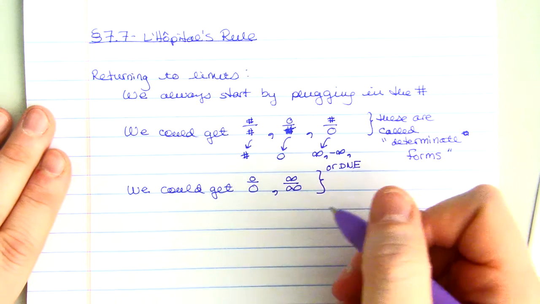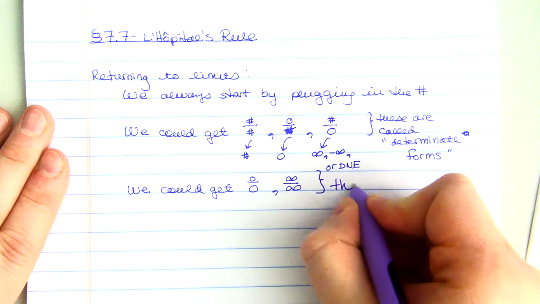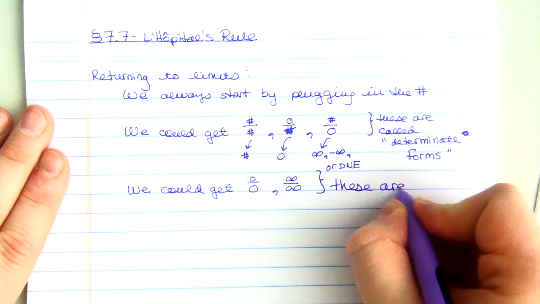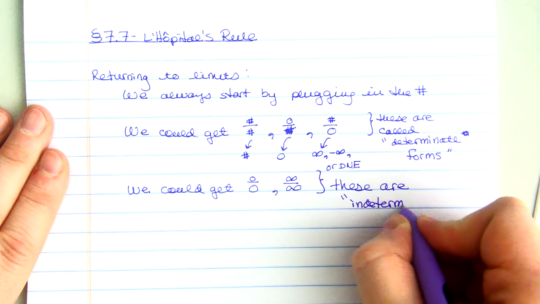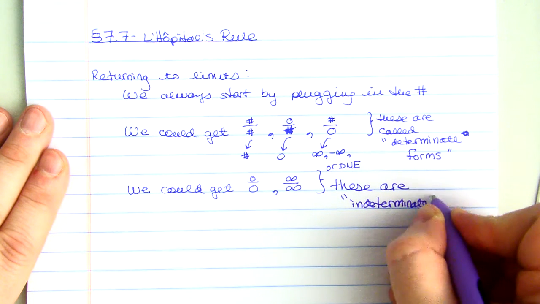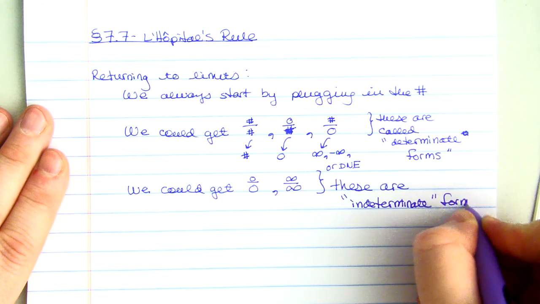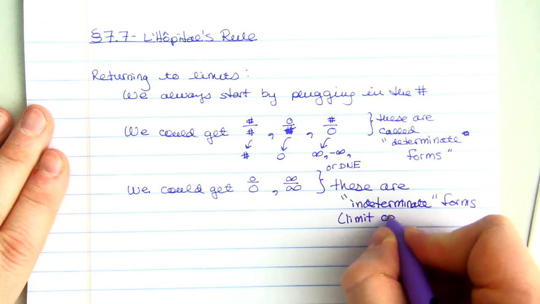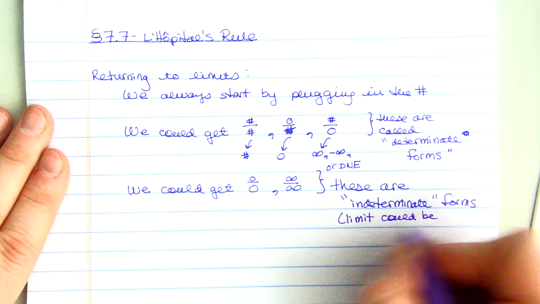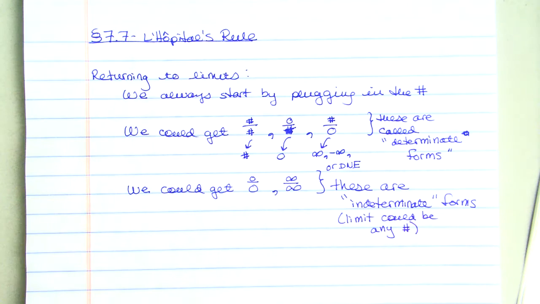We call these two indeterminate forms, which really means the limit could end up being any number. I'm going to make the video pause so you can make sure all of that stuff is in your notes.